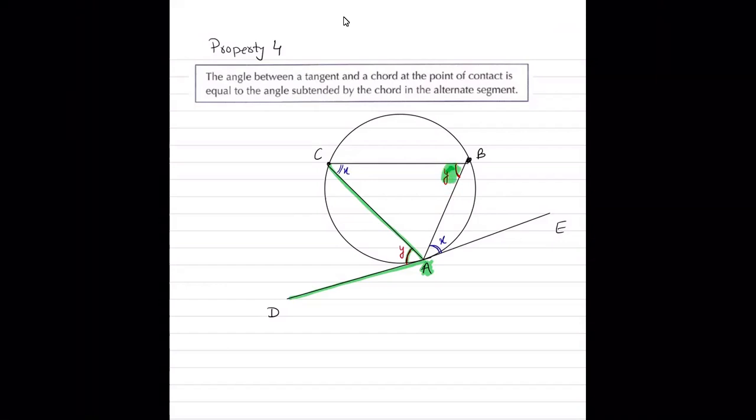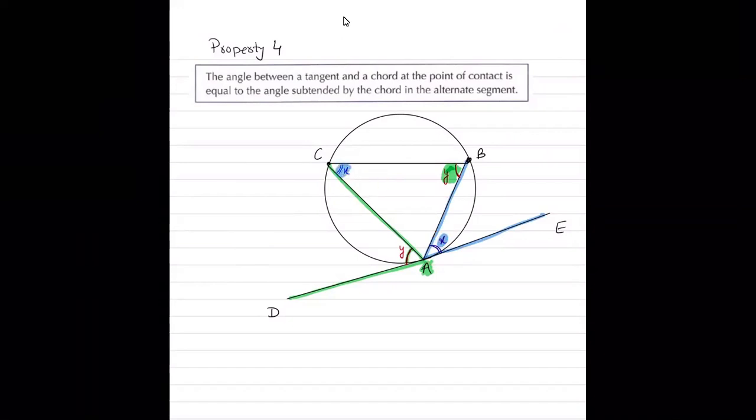So if you know that this angle is y, this angle is also going to be equal to y. Again, if this is the tangent and this is the chord, and the angle subtended by the tangent and the chord at the point of contact A is x degrees, then this angle is equal to the angle subtended in the alternate segment by the chord.